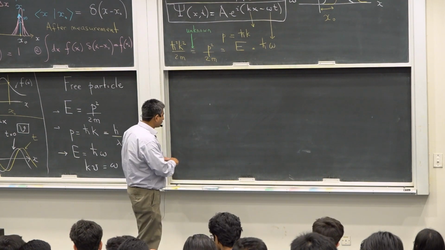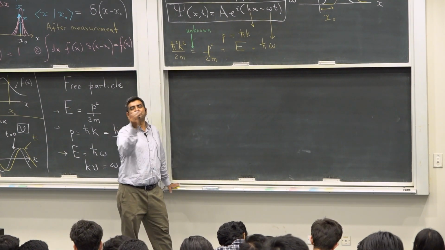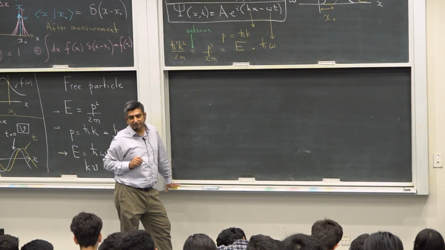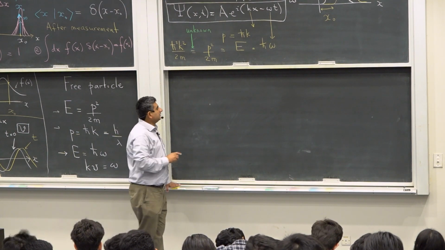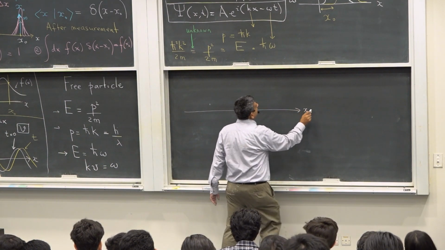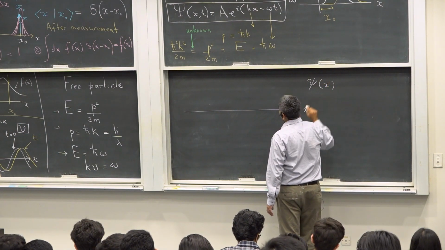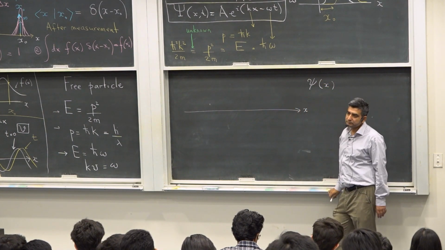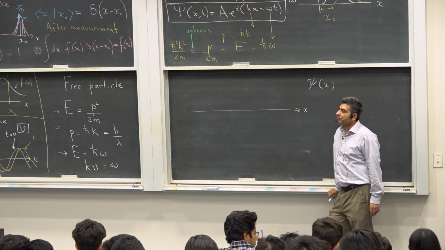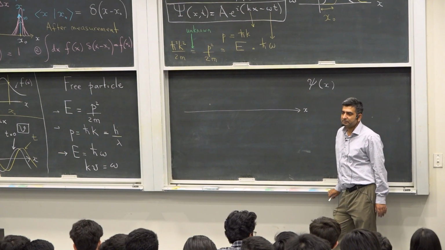Suppose I draw a wave function for a more realistic scenario of a quantum particle moving in space. X. I'm going to draw the wave function psi(x) in space. First of all, are you familiar with Gaussian functions? Physics lab, normal function?